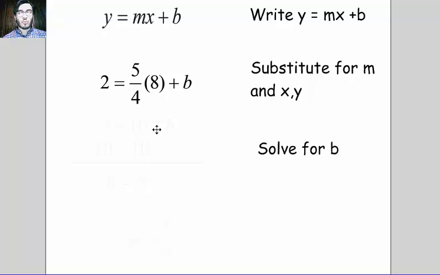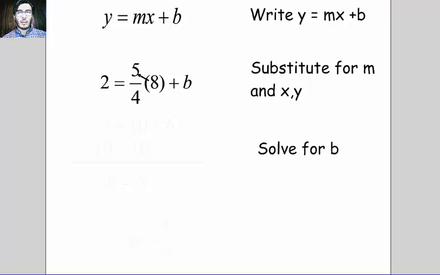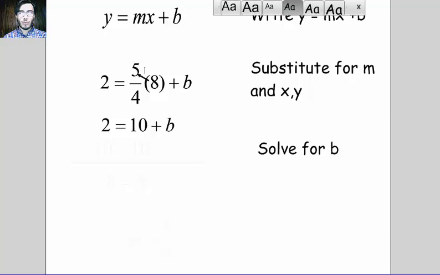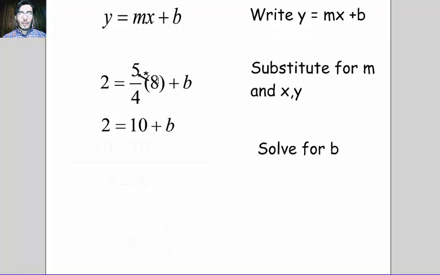Let me show you how to work this out. You've got 5/4 times 8. You could do it on the calculator. You can also do it like this: 8 times 5 is 40, and then 40 divided by 4 is 10. So this simplifies to 10. I'll do that again just in case you missed it. What you're doing is multiplying the numerators, so we did multiplication: 8 times 5, you get 40.